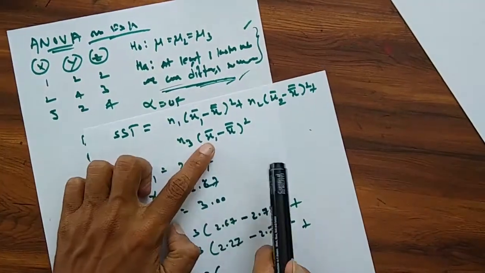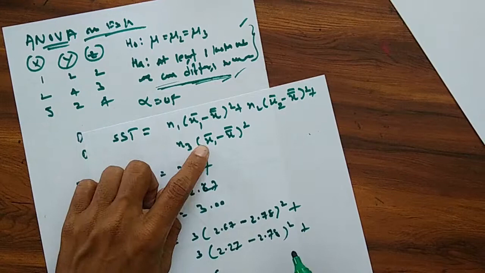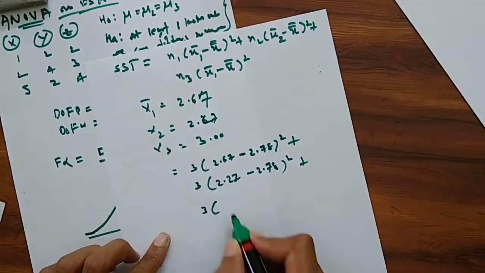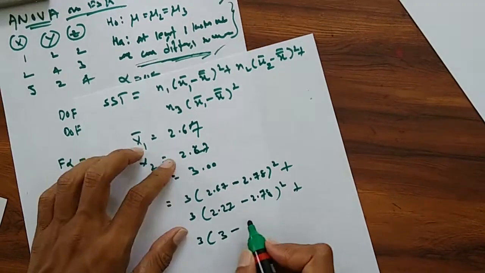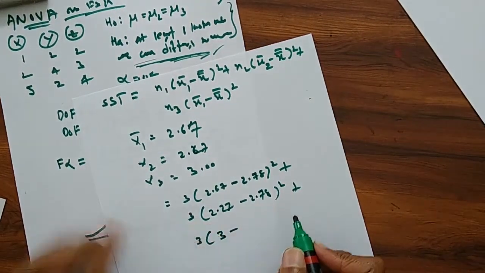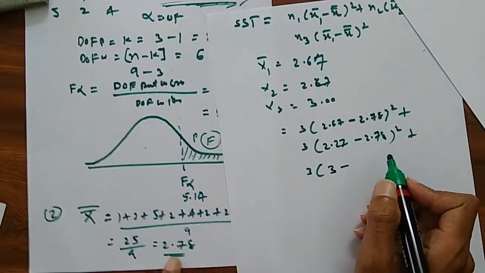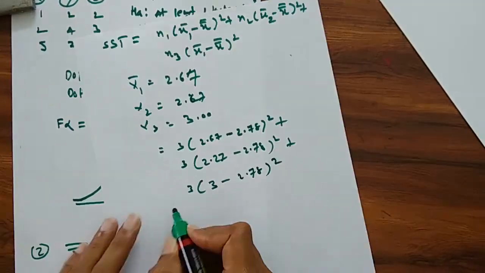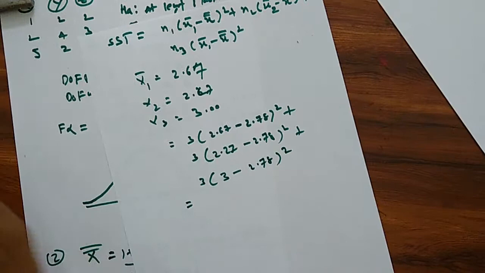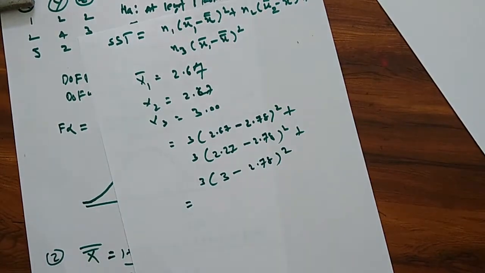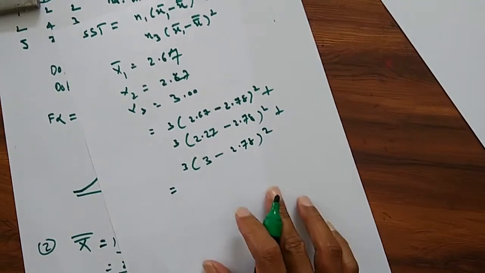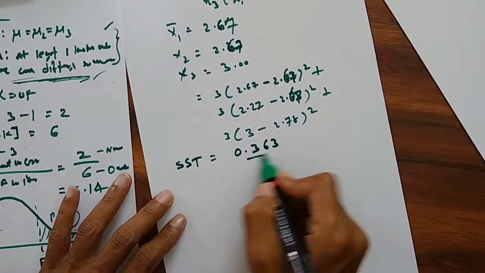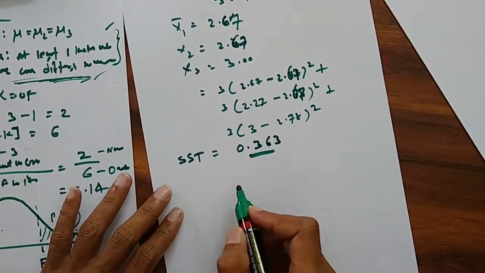The next sample mean is 3 minus our grand mean 2.78 whole square. I calculated this value in Excel; you can calculate it on your own. Okay, this is the SST value.